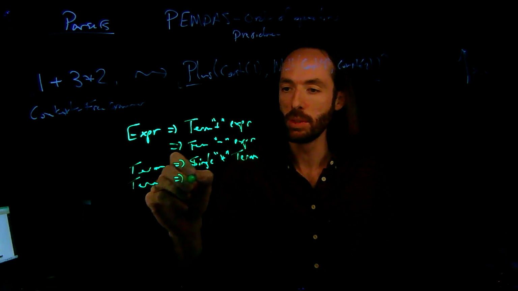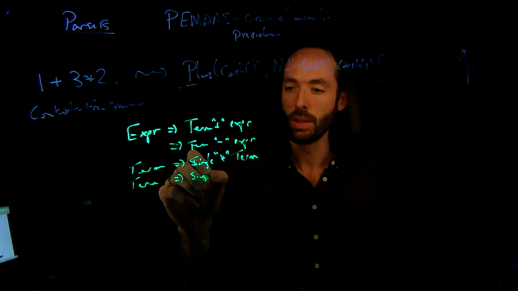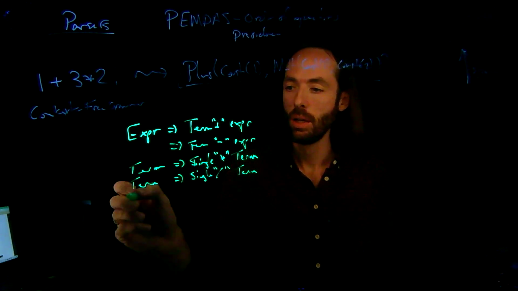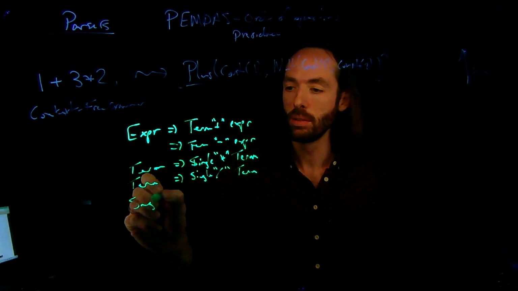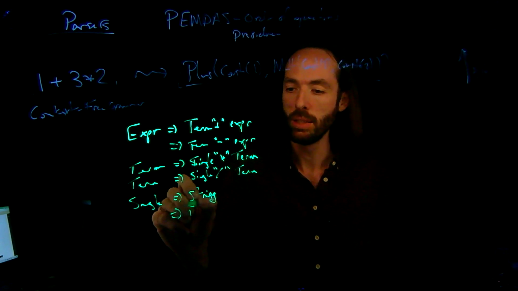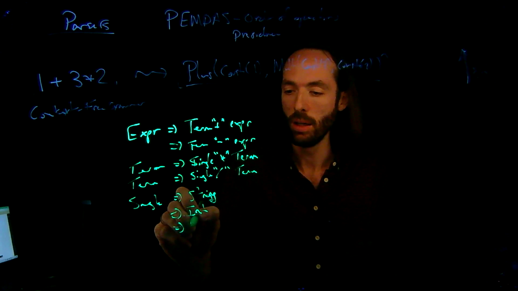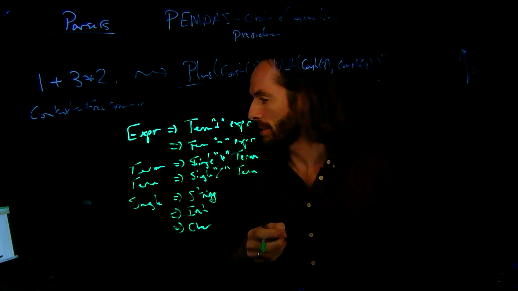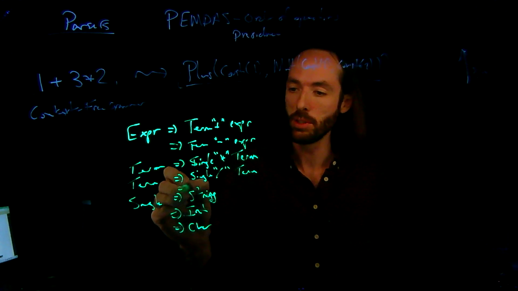Another term could be a single thing divided by a term. And then a single will be, say, a string, or an int, or something fundamental down here, maybe a char. A term could also just be a singleton.